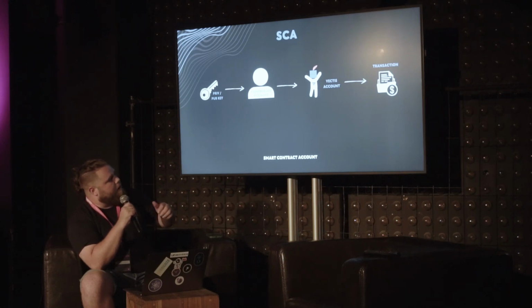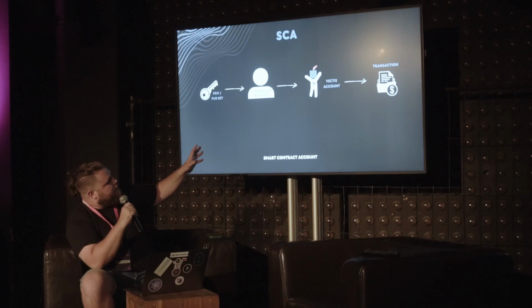So in the previous example, we saw that the standalone account's ownership was the key. In this case, the smart contract account has a controller that tells the smart contract account to send transactions to the blockchain. So this controller is who controls what we call the Vectis account.